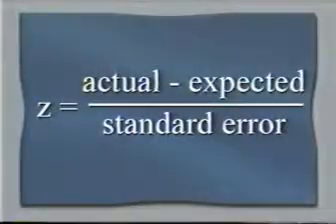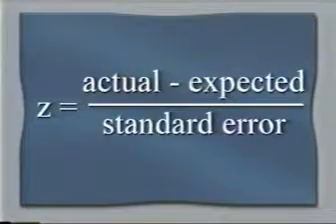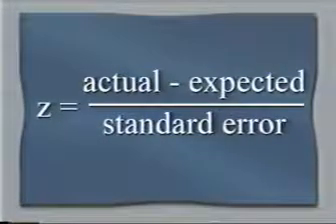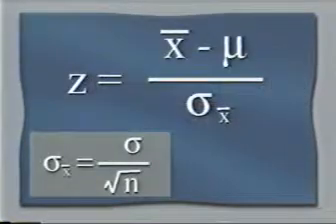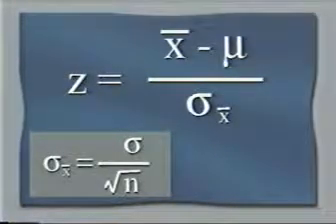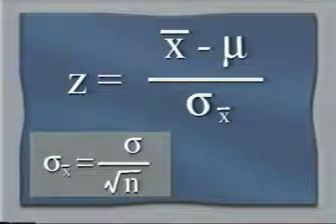Let's go back to how we are doing this hypothesis test. We compute the Z-score, and the Z-score is computed by dividing the difference between the actual minus the expected value, that is the x bar, which is the sample mean, minus mu, the expected average for all the sample means, divided by the standard error.